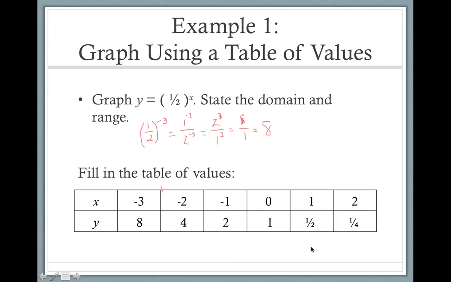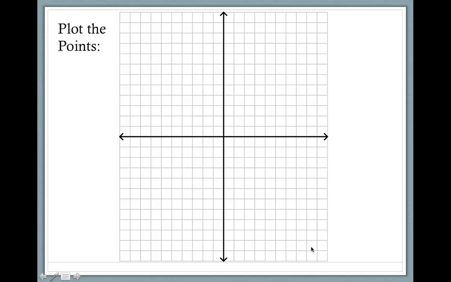Okay, so now that we have our table filled out, let's go ahead and plot the points. So again, take a moment to do that real quick. Pause the video if you need to, and then come back when you're ready to continue. All right, so if we plot the points, our points should end up looking like this.